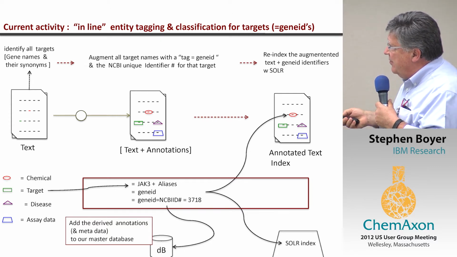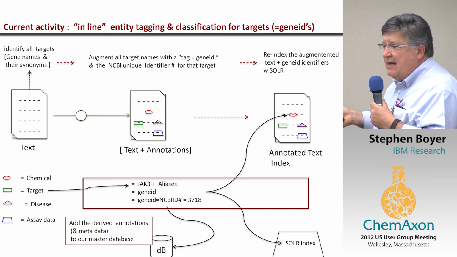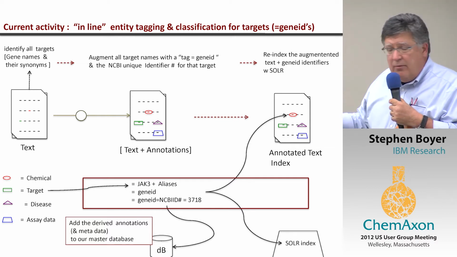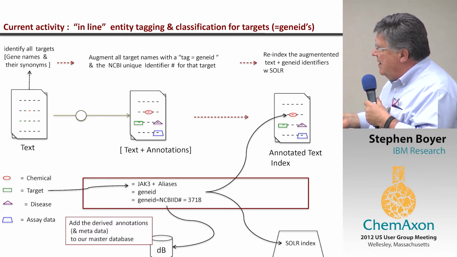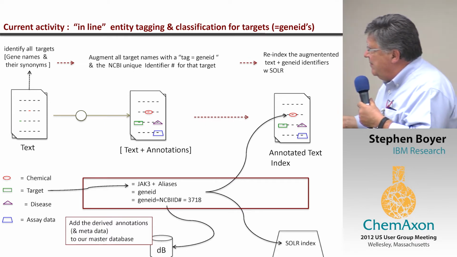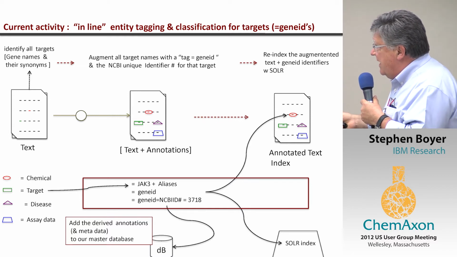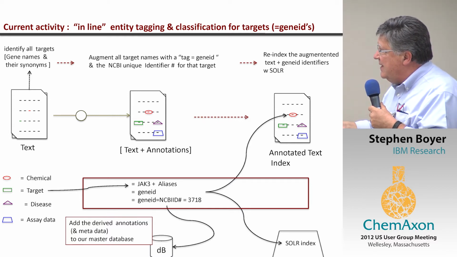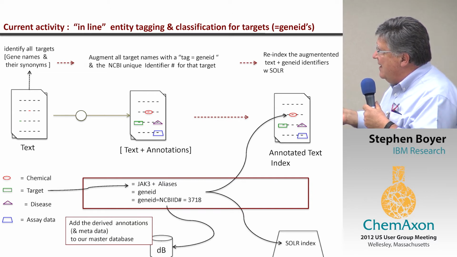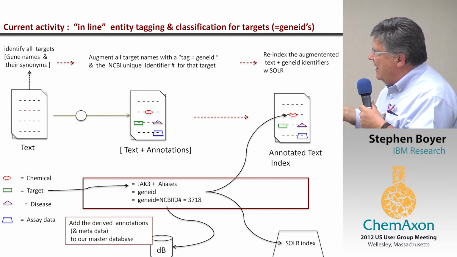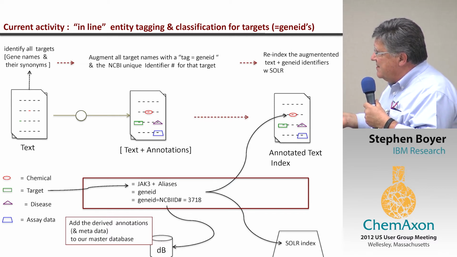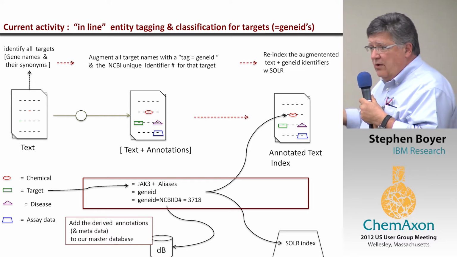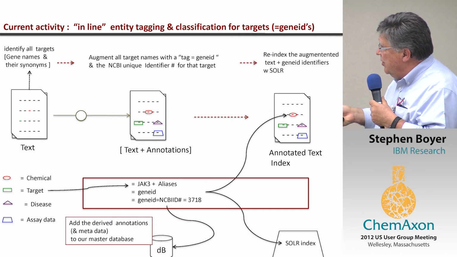For instance, if the term JAK3 occurs in the text of the document, we'll identify that word JAK3 and say, this is a gene ID, and by the way, it's NCBI gene ID 3718. Then we go back into the text, augment it, and say this term JAK3 is in fact this specific gene ID. Again, that all gets indexed as if it were a word.